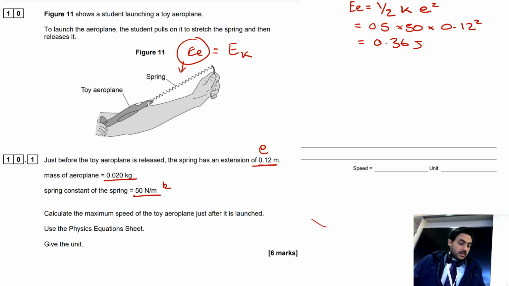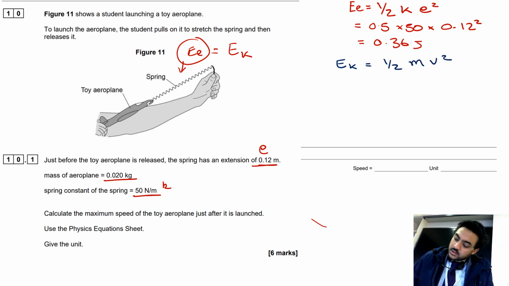That's awesome. Now, 0.36 joules is how much energy is transferred by the spring. That is the energy that's gained by the airplane also. So the next equation that we need, and we'll do it in a different color just to make sure it's visible, is EK equals half m v squared.